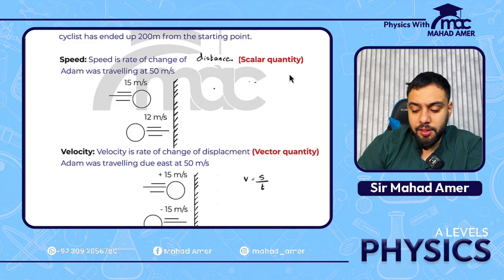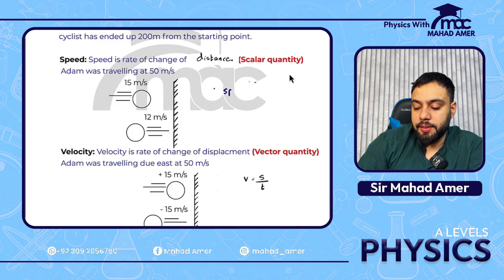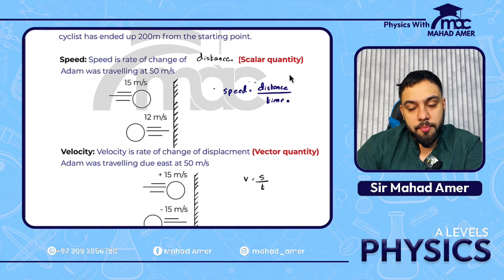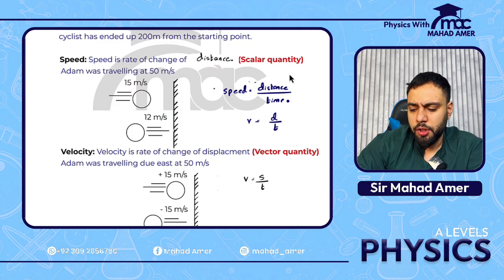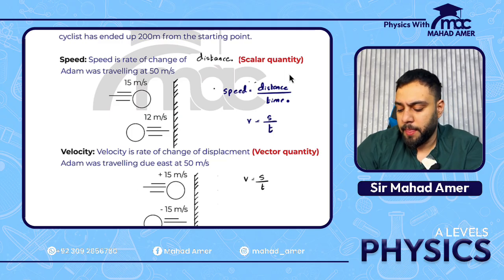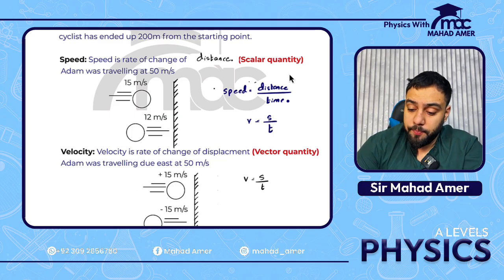Speed, we all know, is the rate of change of distance. It is basically distance traveled per unit time. Speed is given as v, and then distance over time. Usually in AS we write distance as s, but it's okay.